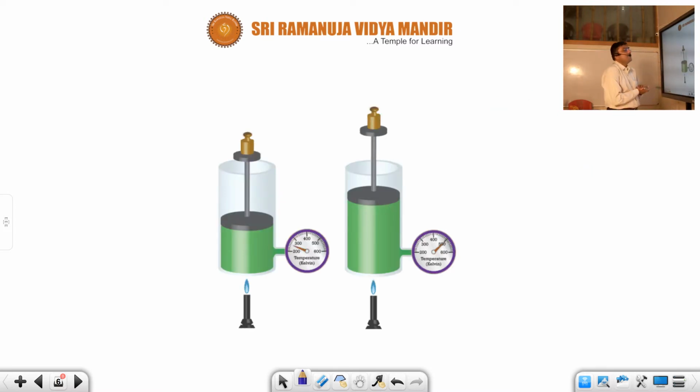Now you can see this is how it is in a cylinder, for example, a system like a piston where there is a cylinder. Here, in the first case, it is at 250 Kelvin. In the second case, the temperature is around 500 Kelvin. You can see the volume.